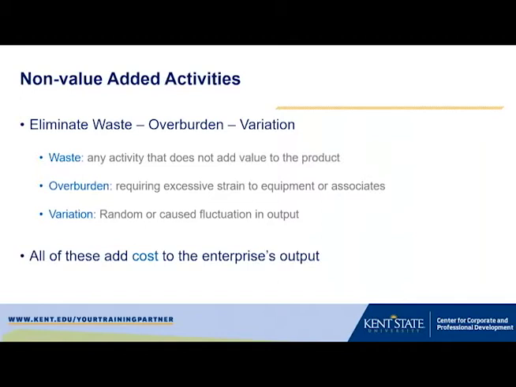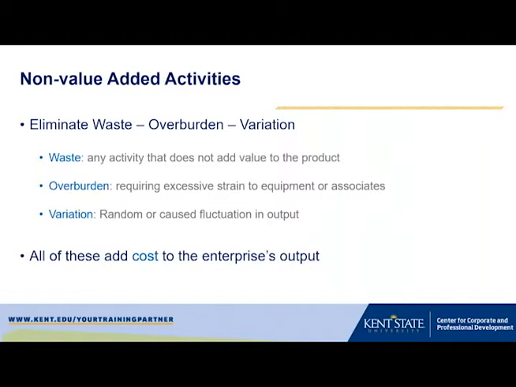It takes more effort to do it than is really necessary. And you can see this in people, that things like carpal tunnel or ergonomic issues, back strain, people taking time off work, even if it's just stress-related stuff, those are all overburden type of excessive strain. It can be with equipment, where you've got equipment that is being overused and is breaking down. Or maybe you're using the wrong equipment completely.